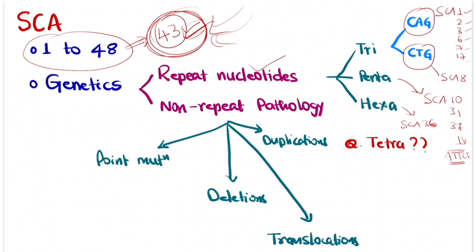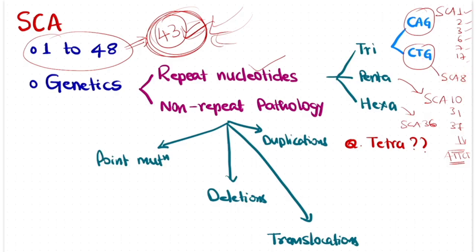There are many other conditions which are associated with other trinucleotide repeat sequences like GCN repeats, or many other repeats which I have not covered in this section because we are talking only about spinocerebellar ataxia, not about other conditions. So, in SCA, the CAG repeat ones are SCA 1, 2, 3, 6, 7, 17. The CTG repeat one is SCA 8.